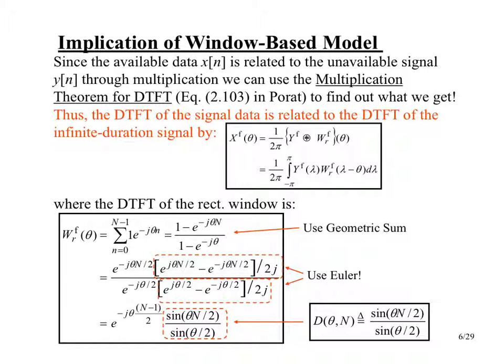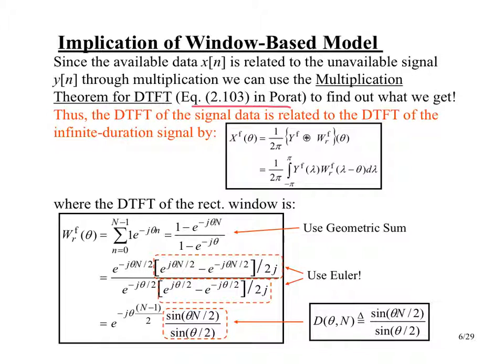Once we do that, our available data x is related to the unavailable signal y of n through multiplication, and we have a multiplication theorem for the DTFT. I tell you the equation here in Peratt's book, but you don't have that chapter, though we've already talked about the multiplication theorem for the DTFT.